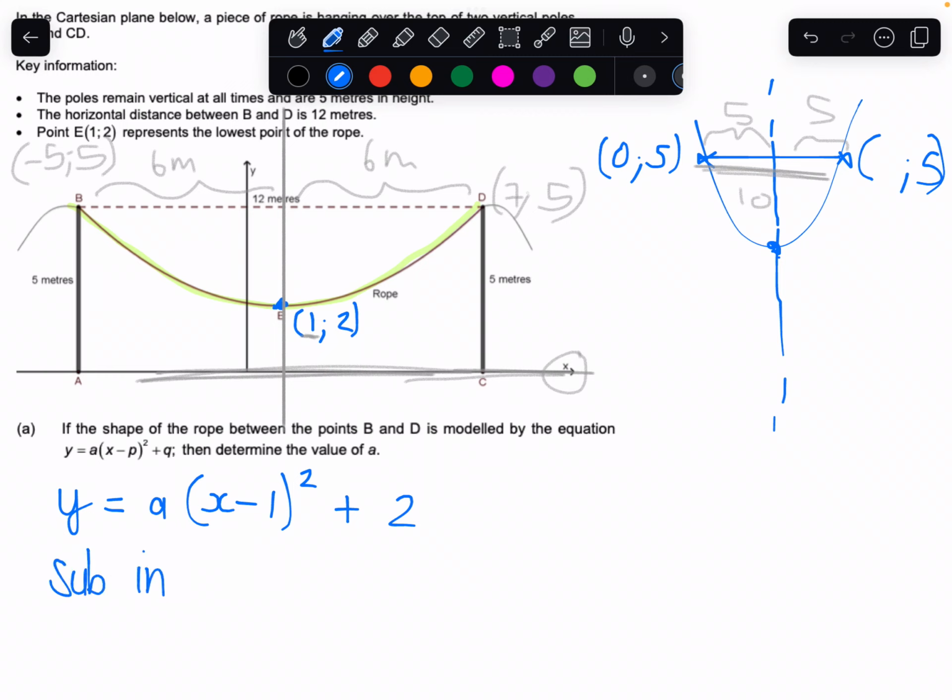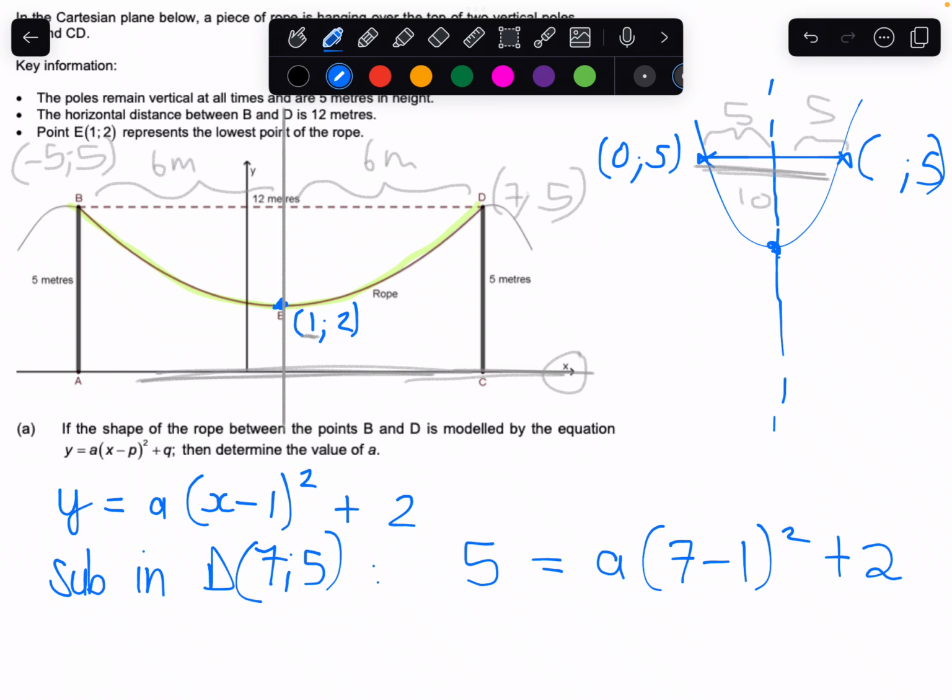Sub in D, whose coordinates are (7, 5). Then we have 5 = a(7 - 1)² + 2. So 5 = a times 6 squared, which is 36, plus 2.